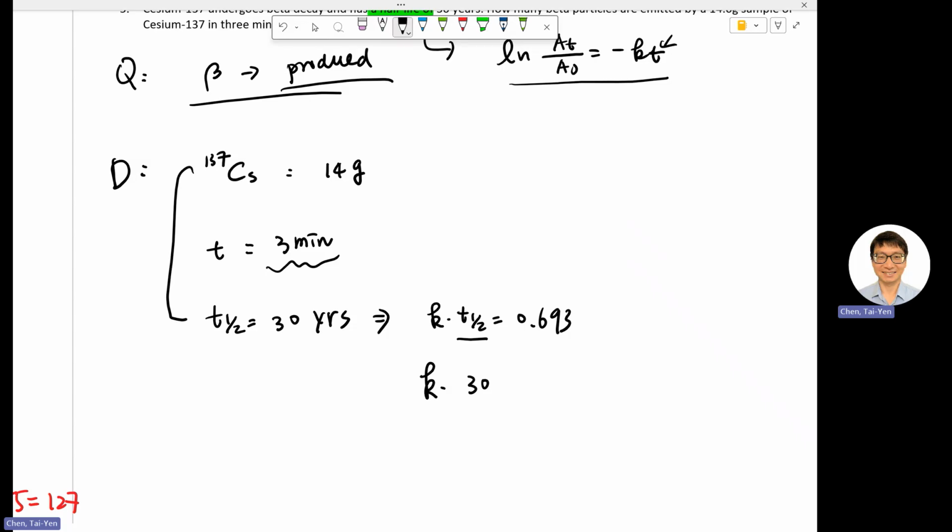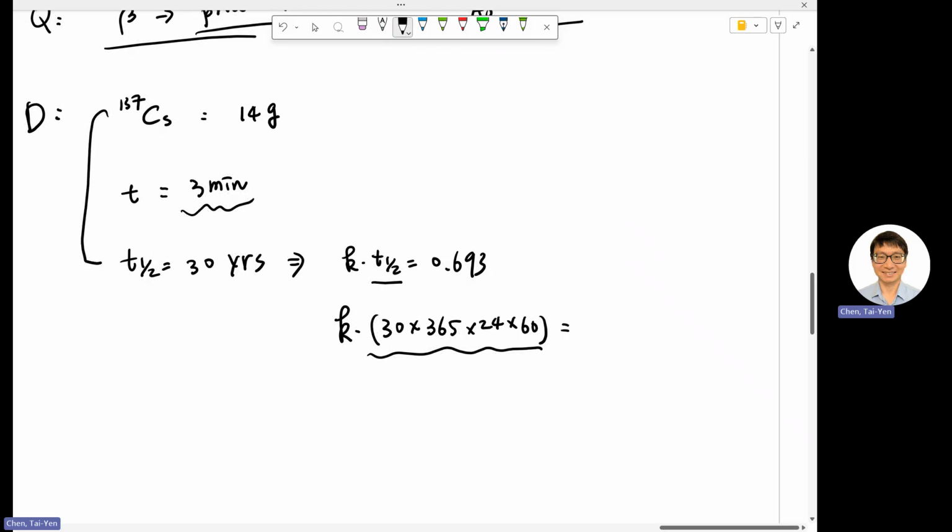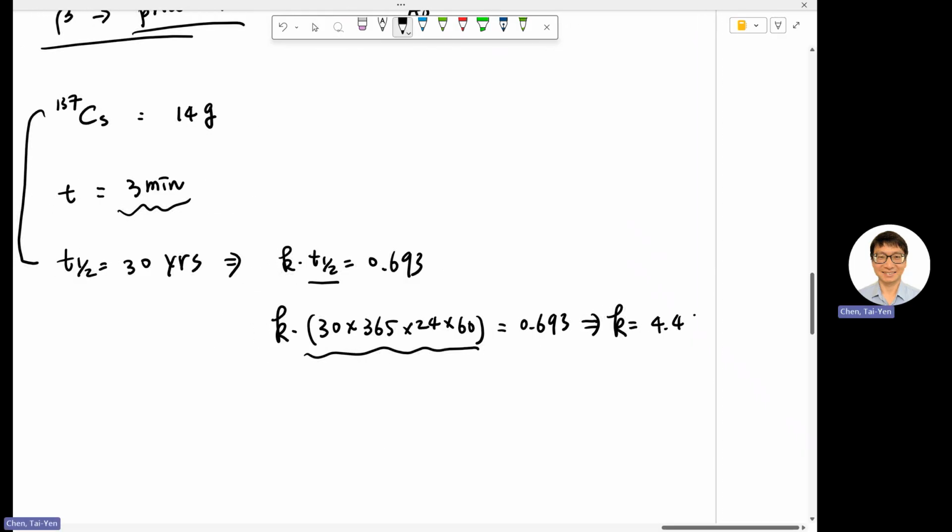So 30 years needs to be converted into minutes: 1 year is 365 days, 24 hours, and 60 minutes. So k times t half equals 0.693, and therefore you can calculate k to be 4.4 times 10 to the negative 8 per minute. That's the first thing you should get. Every time you see the t half, calculate the k.